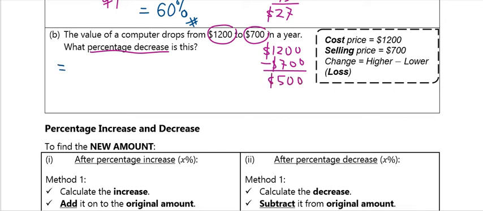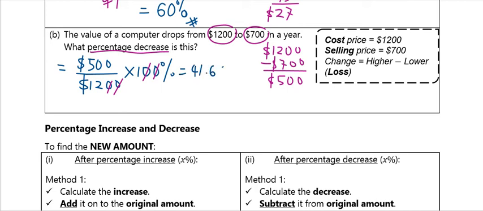So what you're going to do next is similar to what you have done before. $500 over the original will be $1,200 multiplied with 100%. So what you're going to do next is you have to cross this out, and 500 by 12, you will have a repetition of 41.666.